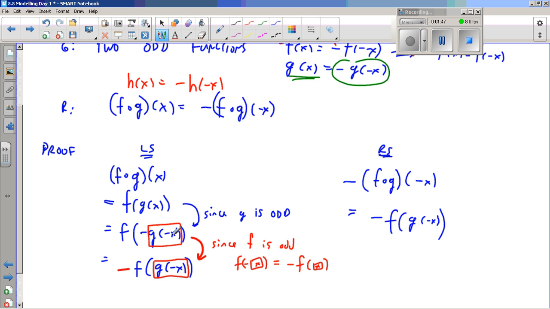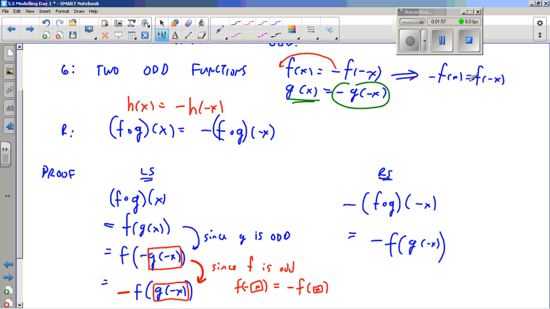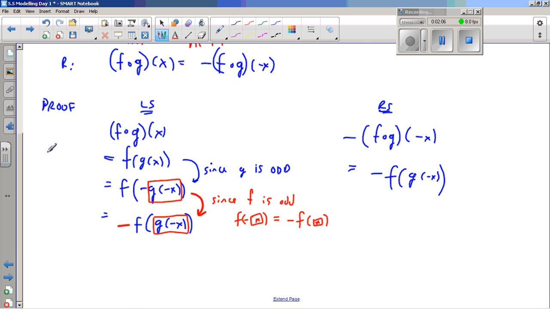When I look at this, I see f at negative something, f at negative box. Since f is odd, f at negative box is equal to negative f at box, so I can write this minus outside because f is odd.